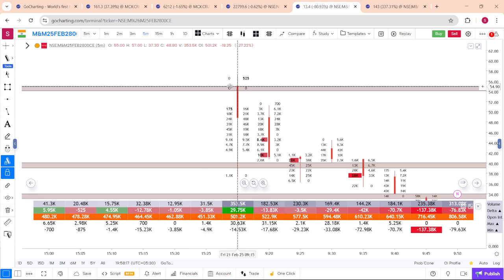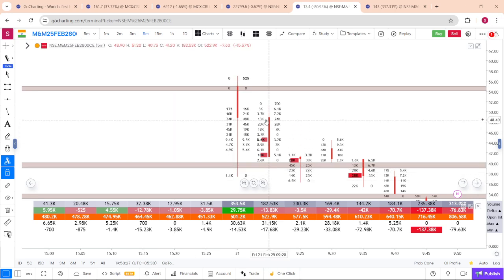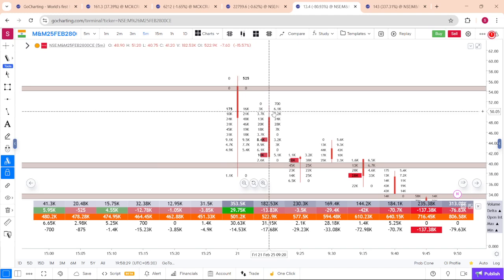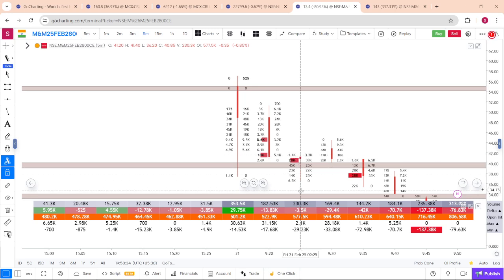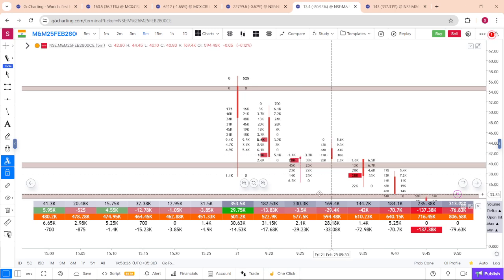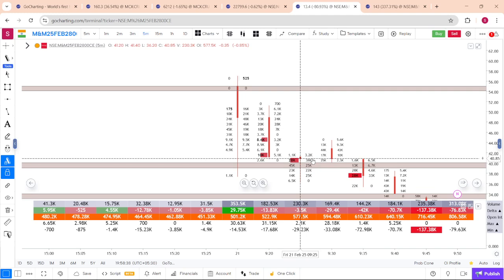These imbalance areas are support as well as resistance, and this is a real support and resistance. It went below the support but managed to close above. The next candle again came down, and this candle went down and again closed up.